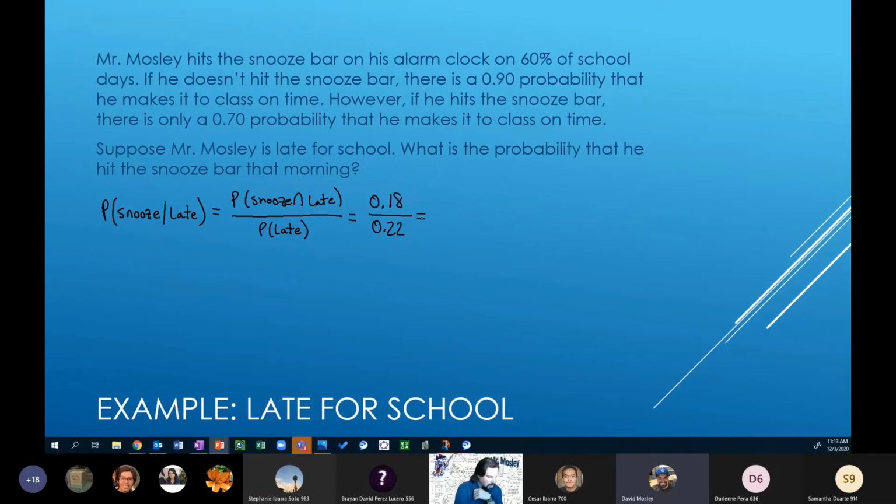We get 0.8181818181 repeating forever. Approximately 0.818 or 81.8%. Or we can say approximately 82%. This is the probability that I hit the snooze button, given that we know I was late, about 82%.